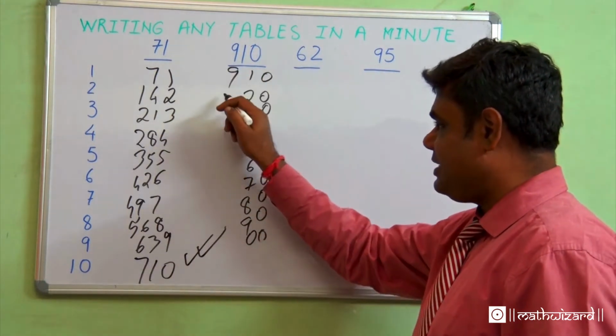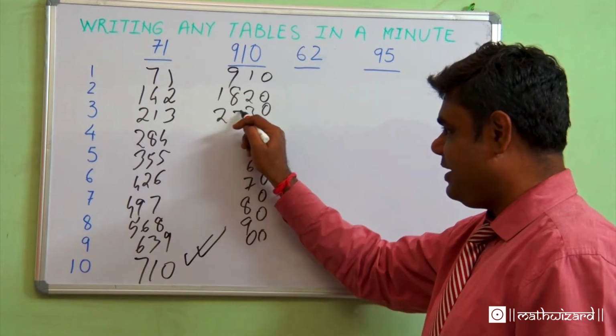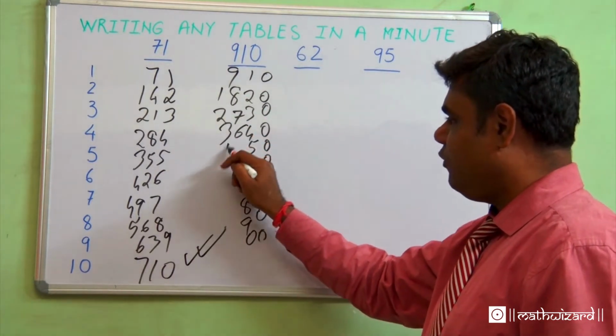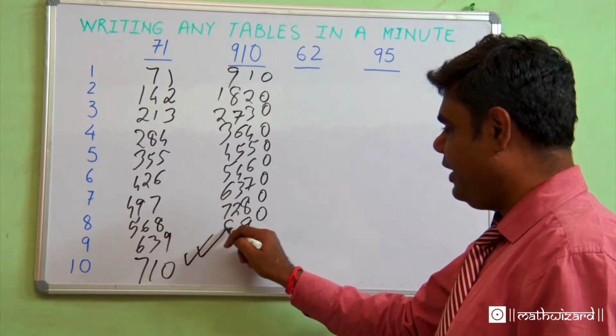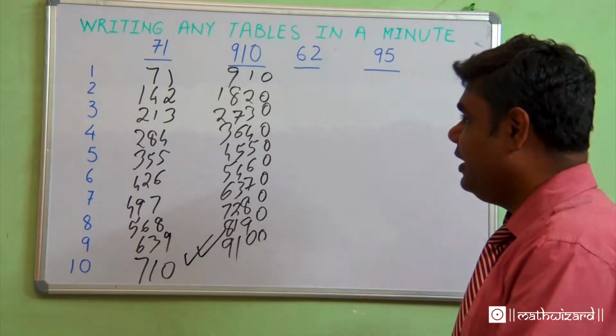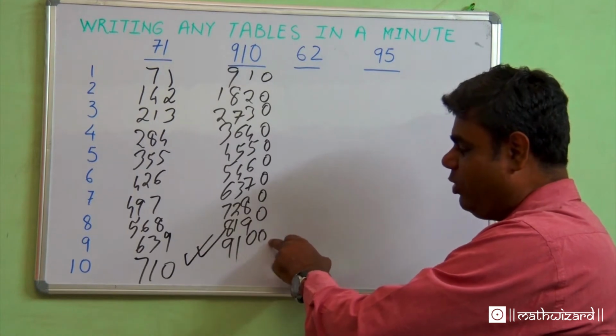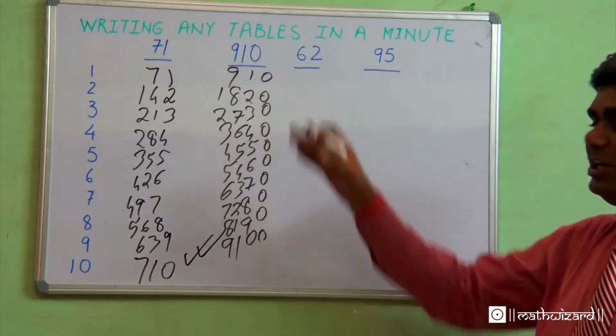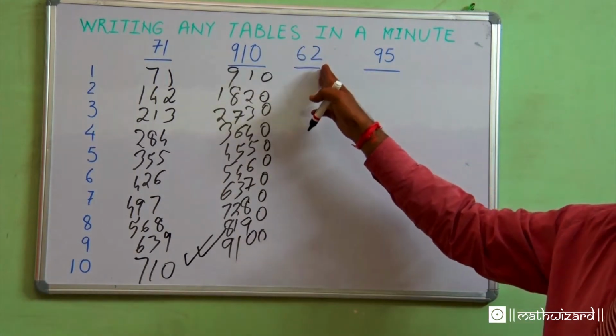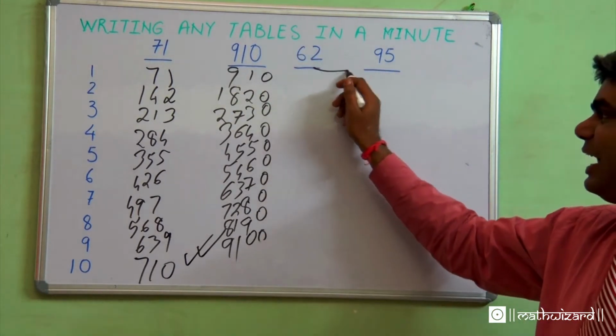Now 9's table. 9, 18, 27, 36, 45, 54, 63, 72, 81 and a 90. This is 910 and an extra 0. This is my table of 910. If you have understood, this trick can be applicable for any numbers at random.